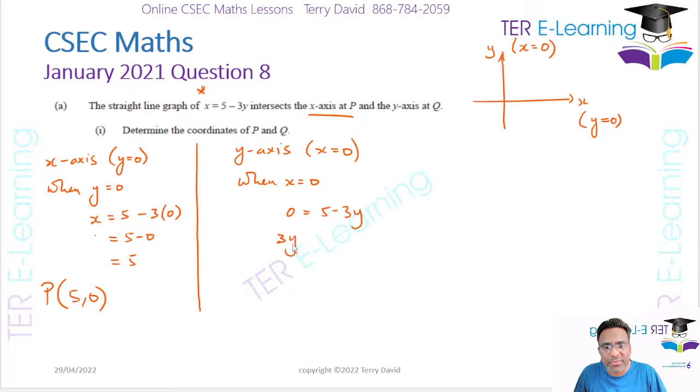Solving for y, 3y is equal to 5, so y is equal to 5 over 3. Therefore this point Q, where it cuts the y-axis, is given by 0, 5 over 3. Those are the coordinates of P and Q.